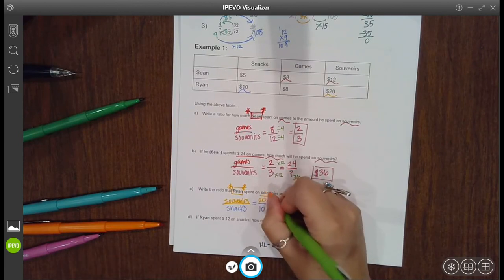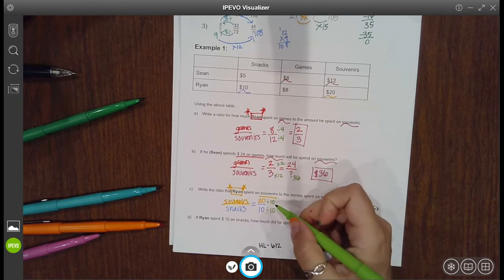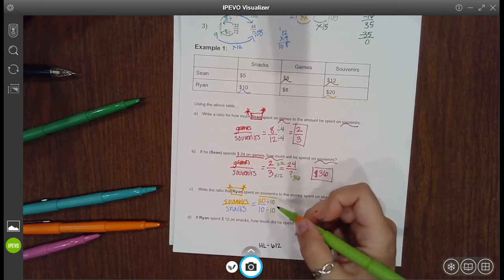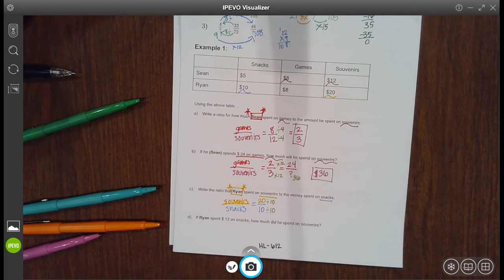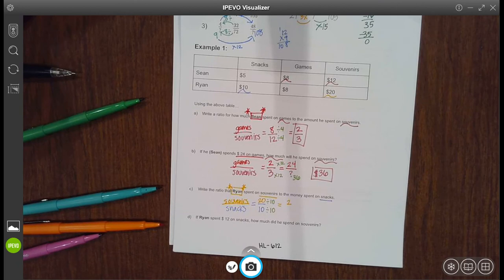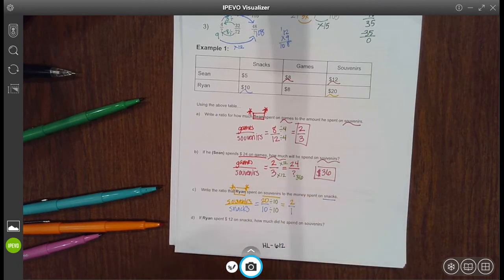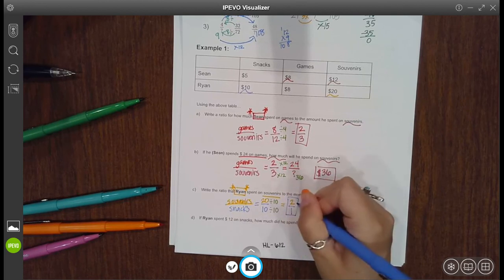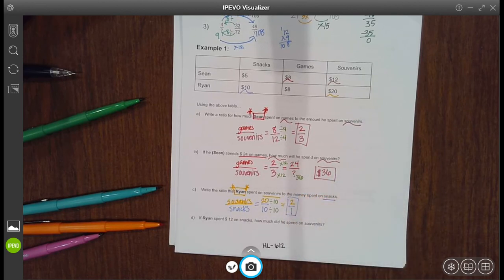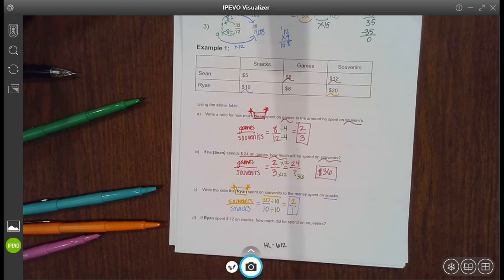Yes, I can. By 10. Some of you guys did by 2 and then by 5, or by 5 and then by 2. Regardless, when you ended, you should have gotten 2 on top and 1 on the bottom. So it's in a 2 to 1 ratio, which means he spent double the amount on souvenirs than he did on snacks.